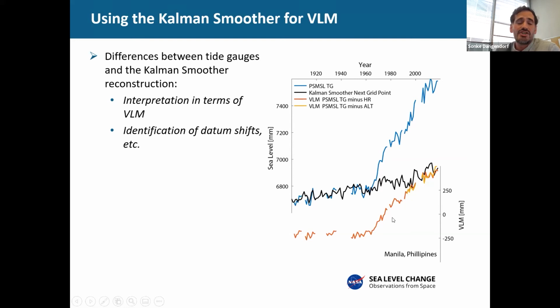And different to GNSS measurements, which are only available over the past few years, these provide nonlinear rates of vertical land motion over the entire 20th century. For comparison, I'm also showing in yellow another state-of-the-art technique to estimate vertical land motion from the difference between tide gauges and nearby satellite altimetry.